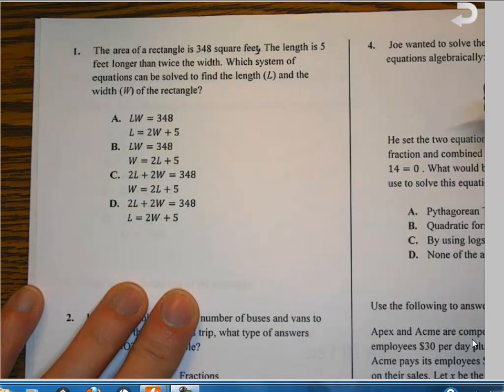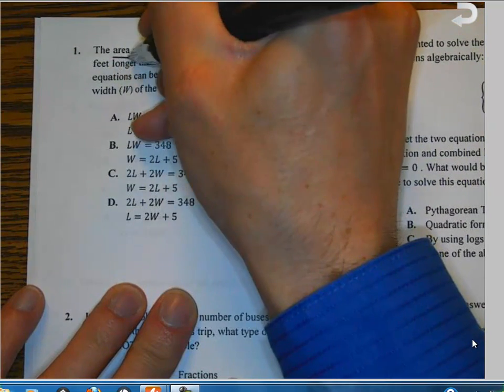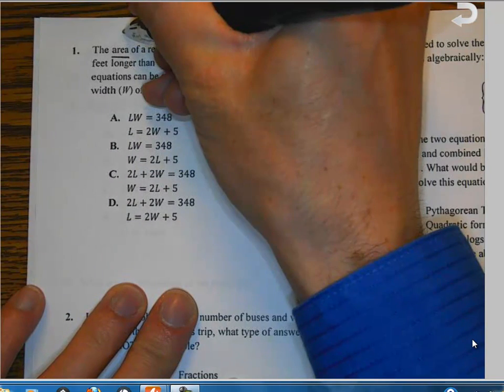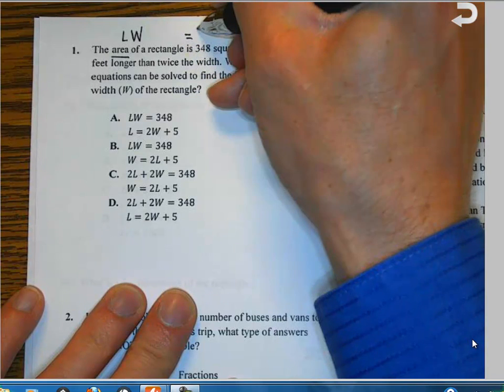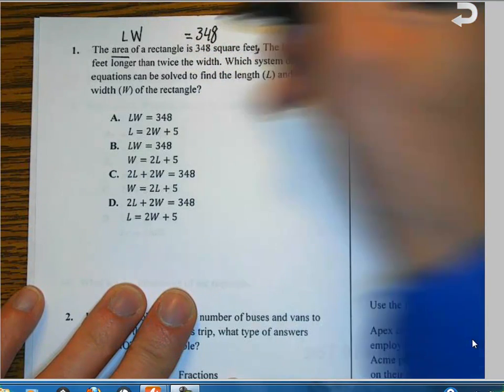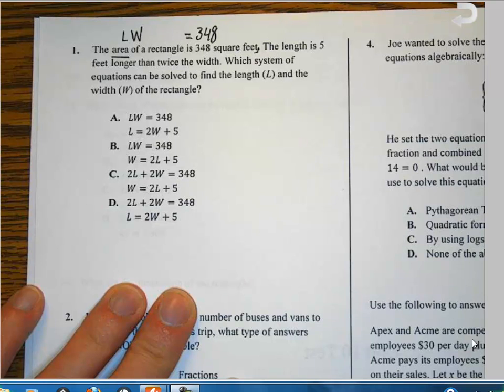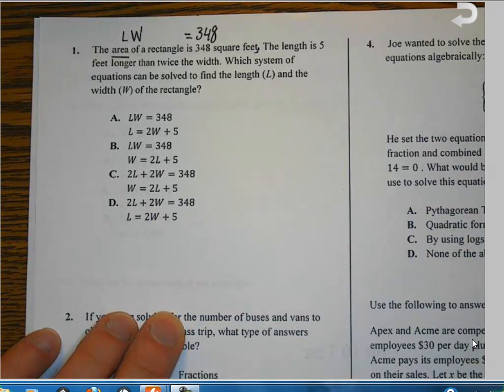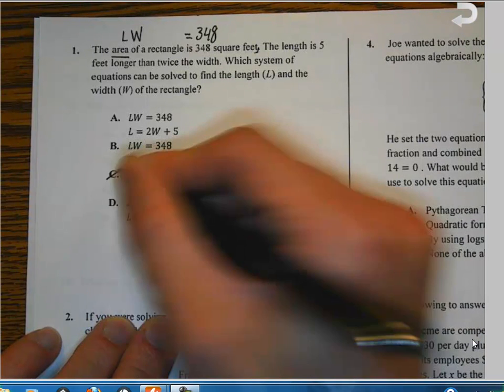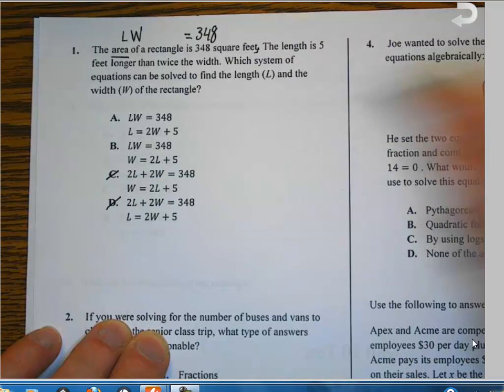At this point, you recognize that the area of a rectangle is the length times the width, and they said that it is 348 square feet. So immediately we can eliminate from consideration any of the answer choices that do not have that first equation. So that allows us to eliminate choice C and choice D.